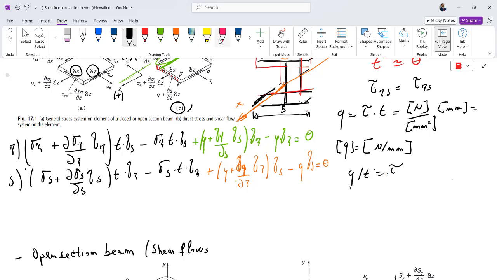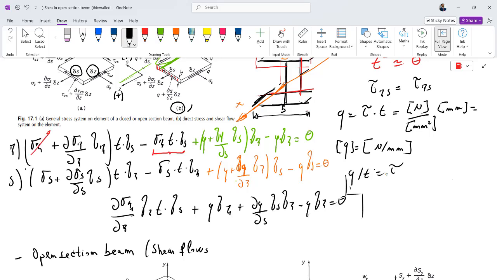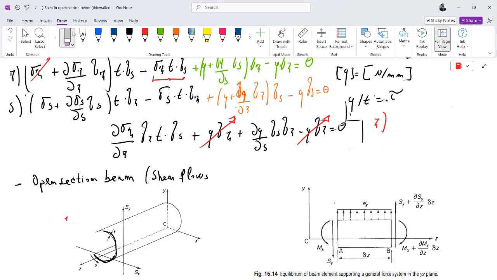So if I do some calculus, I can obtain this. We can simplify this quantity here, plus and minus Q dz, and we finally obtain that along the zeta axis the equilibrium gives us this equation: d sigma z divided by dz, ds and ds are simplified, and also dz are simplified, so d sigma z divided by dz times t is equal to minus dq divided by ds.